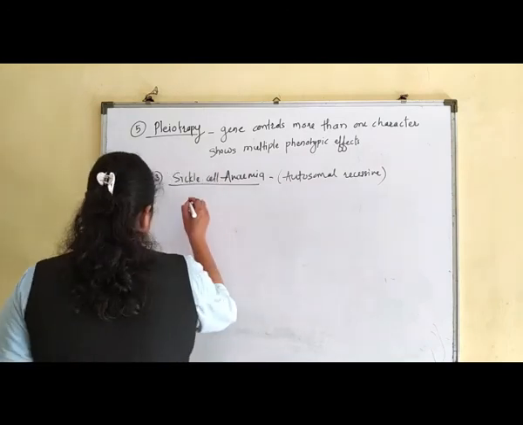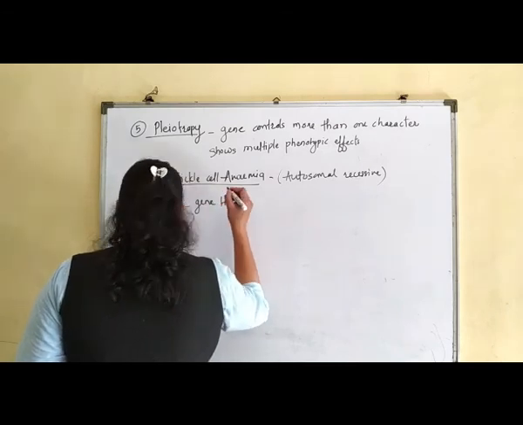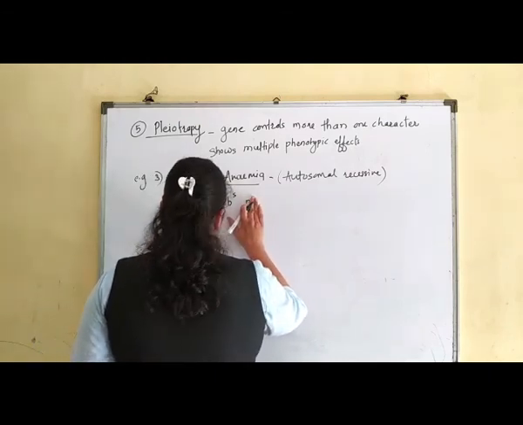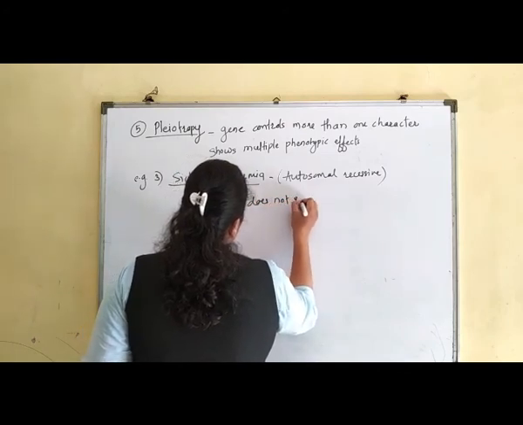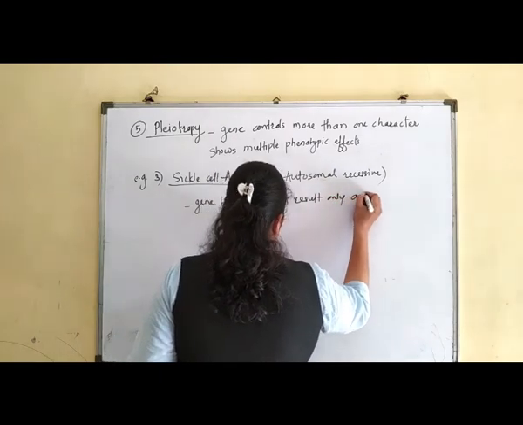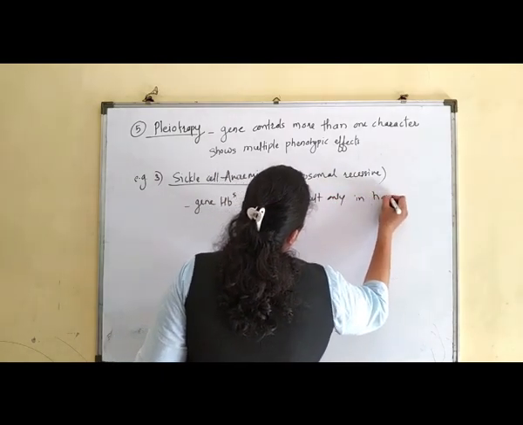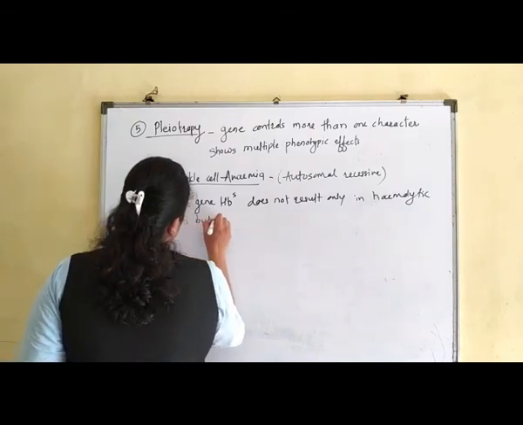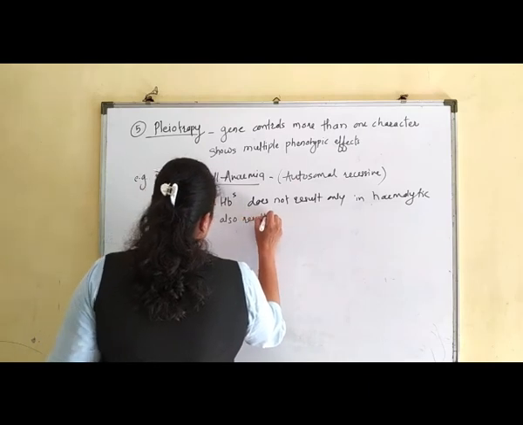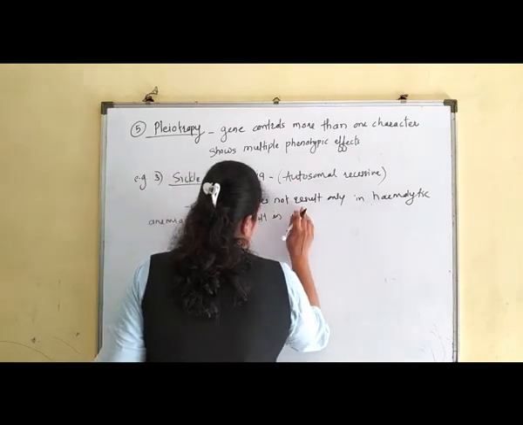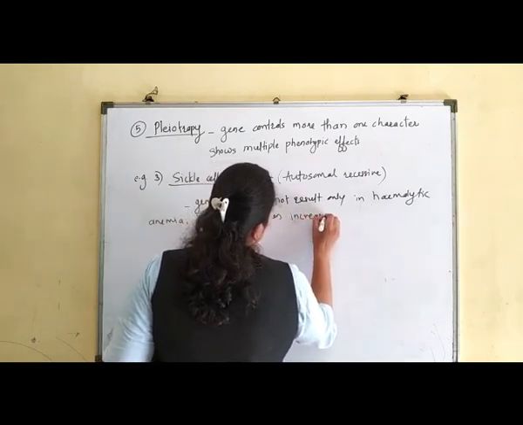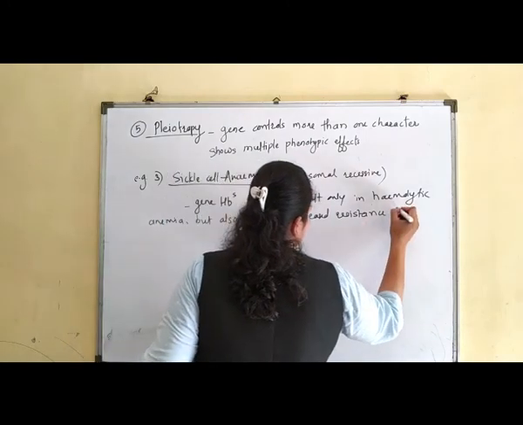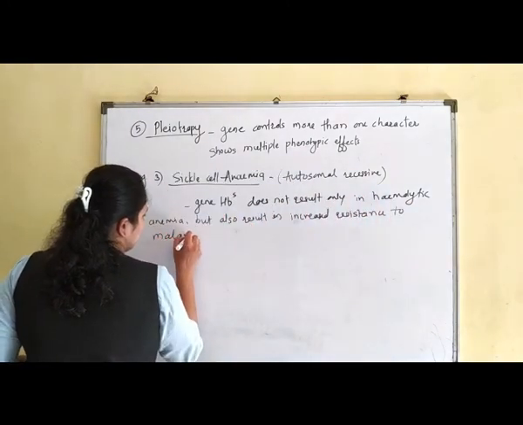So the gene HBS does not result only in hemolytic anemia, but also results in increased resistance to the malarial parasite.